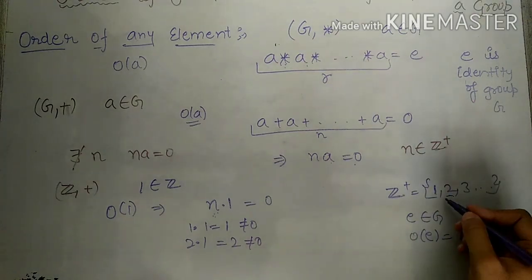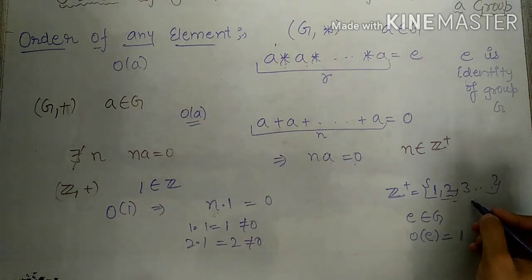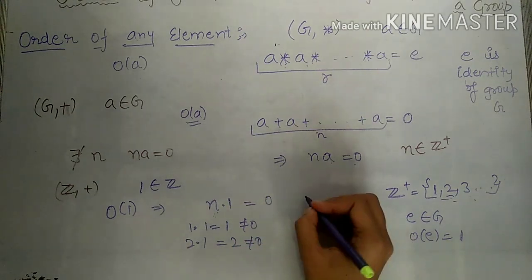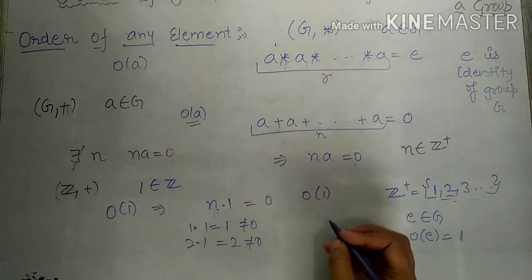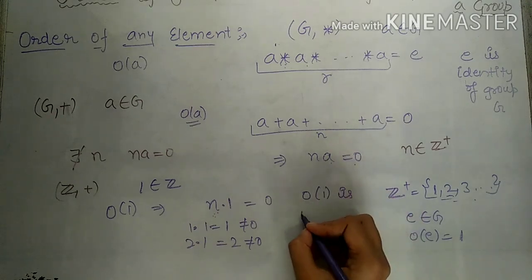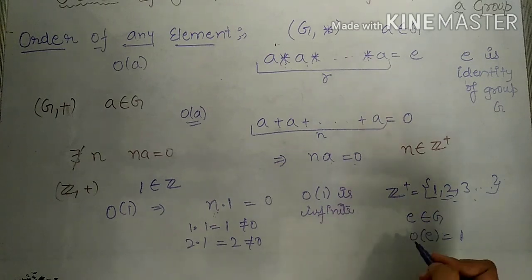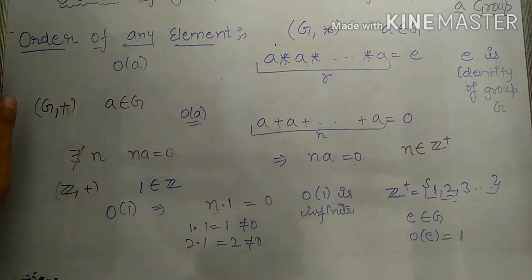So there does not exist any positive integer such that when you multiply it with 1, it comes out to be 0. So from here you get that the order of 1 is infinite. So we have understood the order of an element in a group with the binary operation of addition.